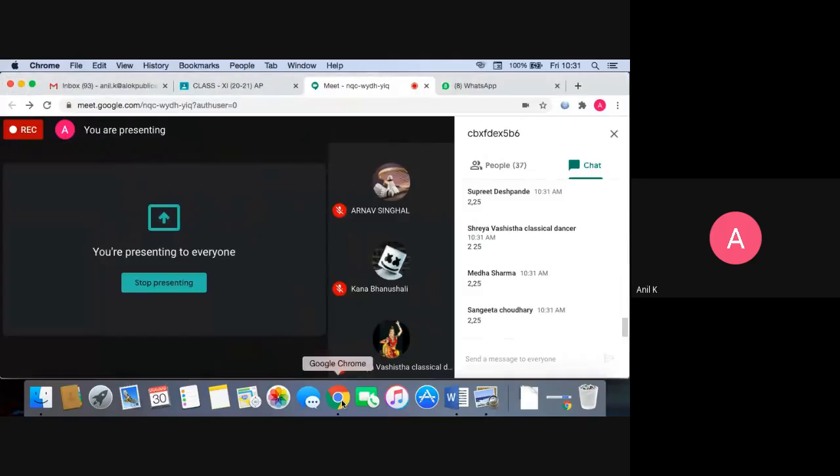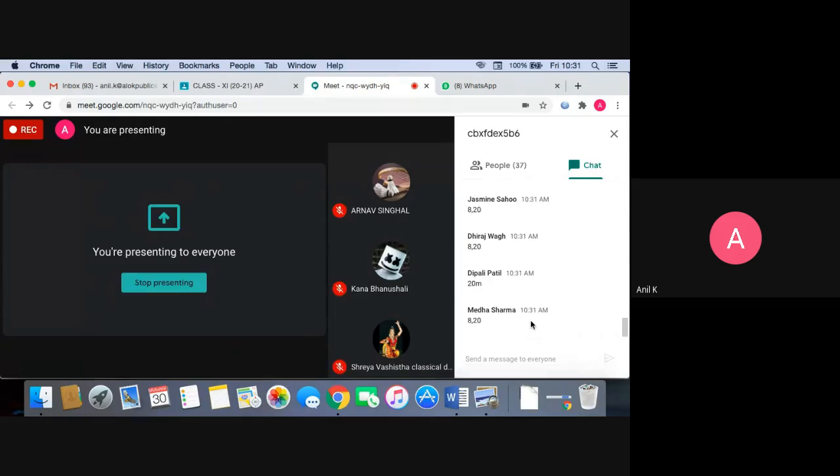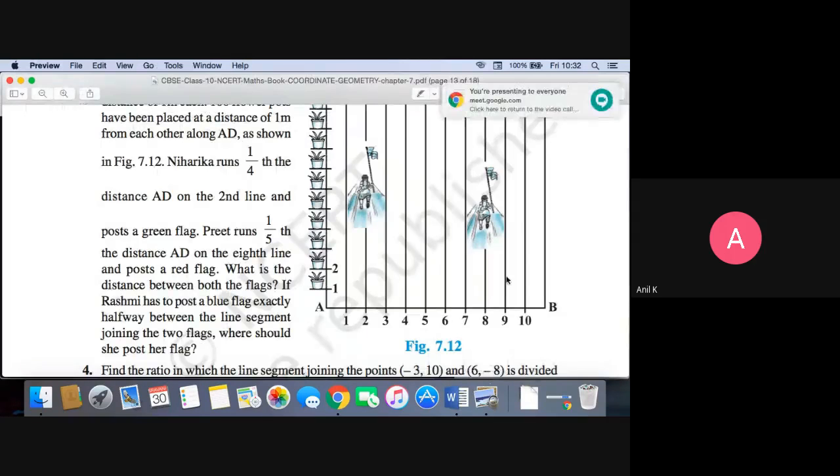Let me see if anybody has given 8 comma 20. Yes, the coordinates of the second student are 8 comma 20 because the eighth lane is 8, and one fifth of 100 is 20. So it is 8 comma 20. So we got both the coordinates.